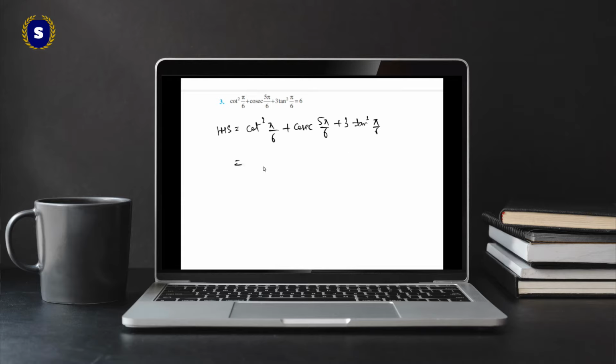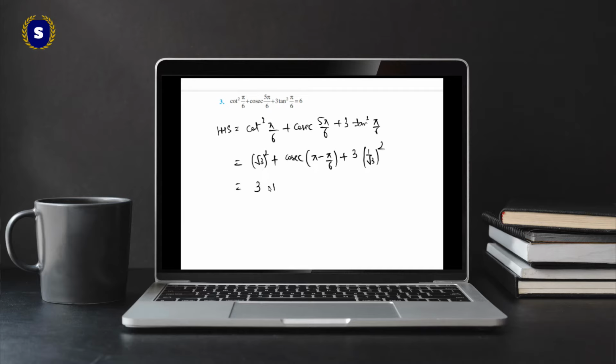So the value of cot pi by 6 is root 3. So it will become root 3 square plus, we can convert this angle to range between 0 to pi by 2. It will become cosec of pi minus pi by 6, plus 3. The value of tan pi by 6 is 1 by root 3, so 1 by root 3 whole square.